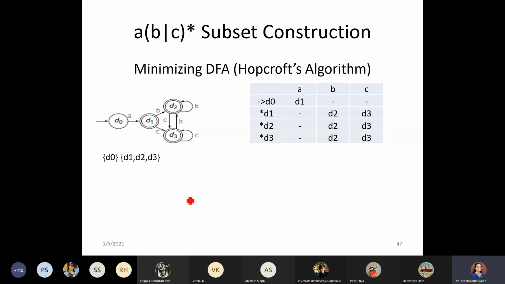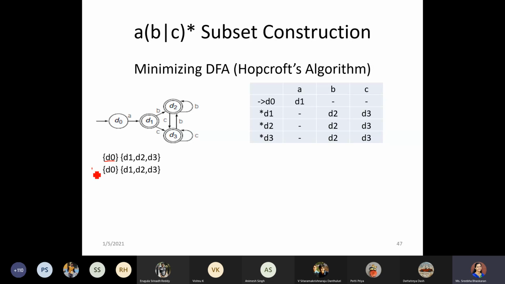For doing this, when you go to the next step, we see what the contents were in the previous step. Now when moving to the next step, first we pick up the first set, which is D0 itself, in which we don't have any other states, so it will be left out as a single group, D0 itself. I have written it according to the iteration. In the first step, we group according to final state and non-final state.